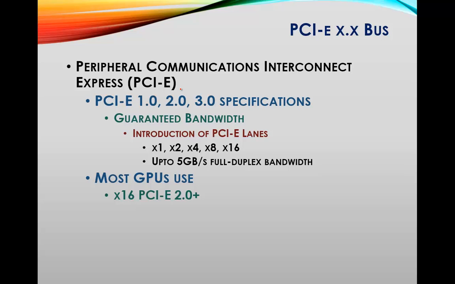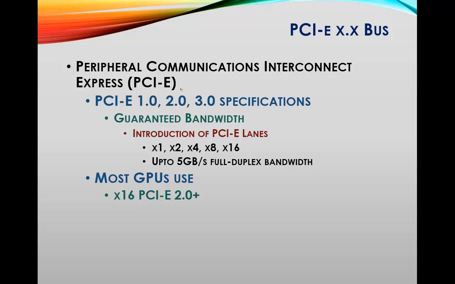So the more cards you added to your system, the lower the bandwidth or the speed at which each card would be able to communicate its data between the processing unit and its own unit.